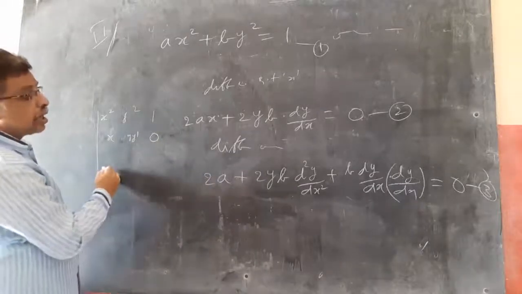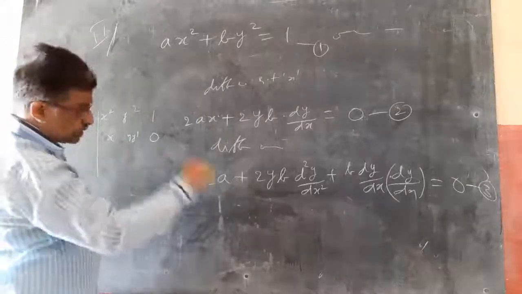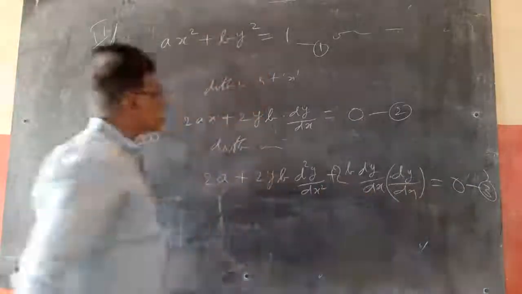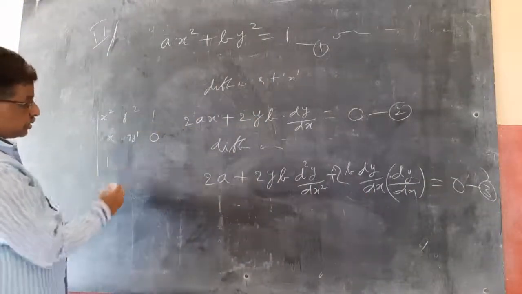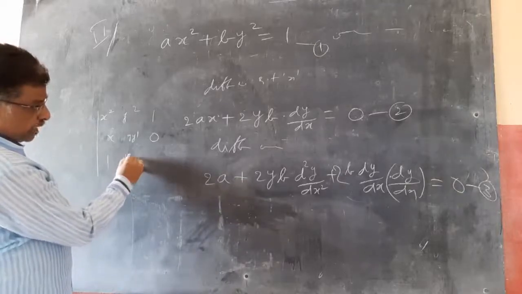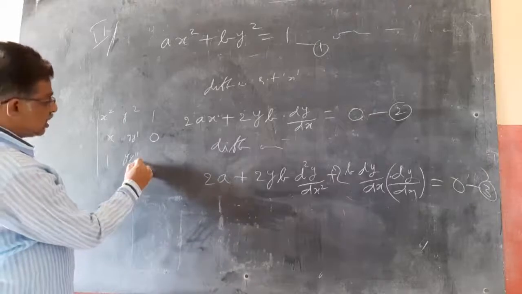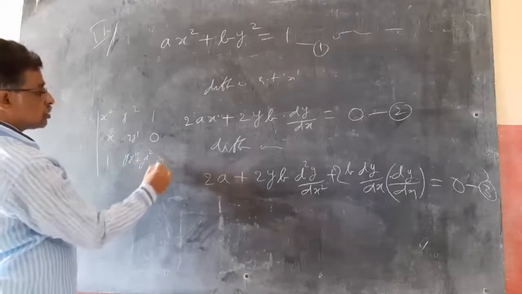And in the third row there is no 2 for the first entry, and 2y into this, so if I take 2 common again, it becomes 1, and this is y double dash, plus y dash square, 0.